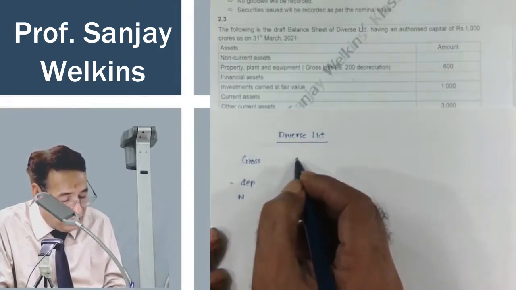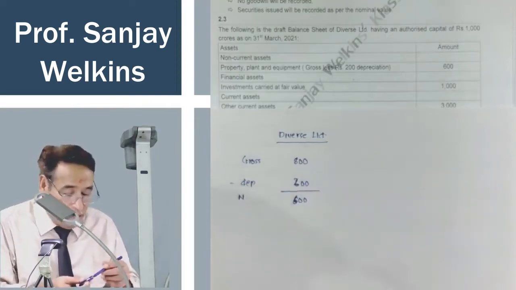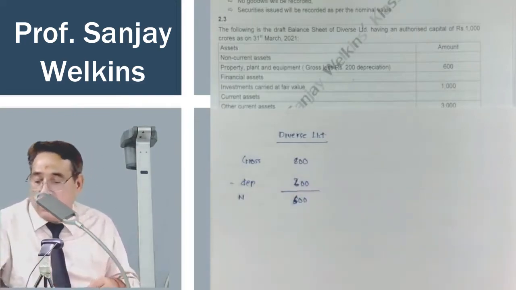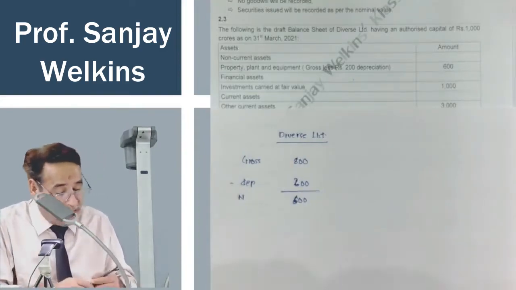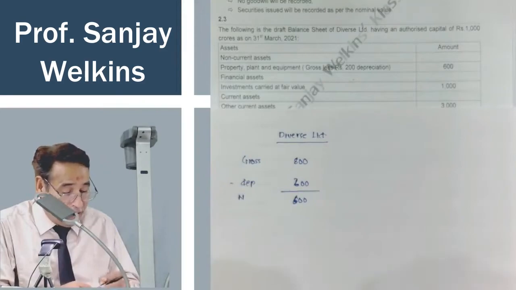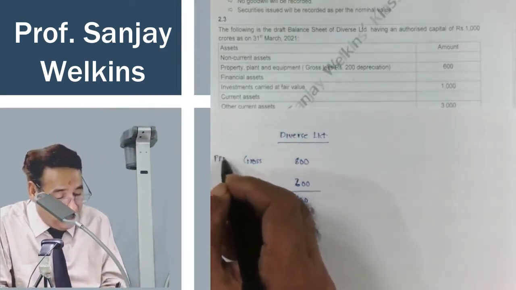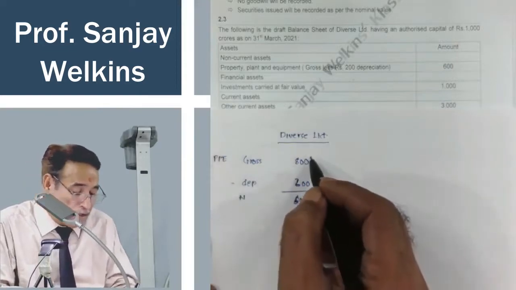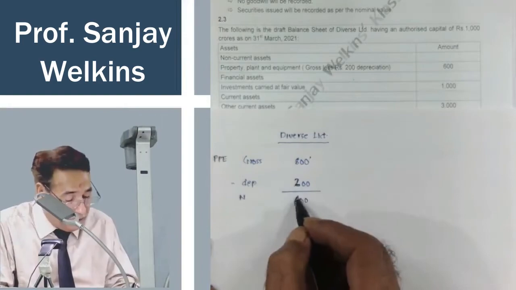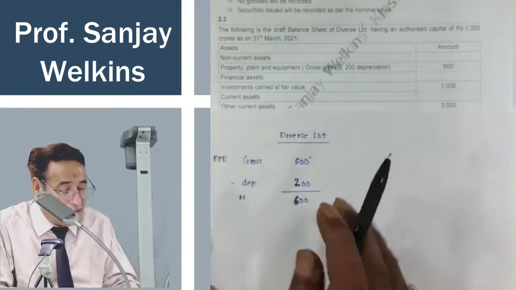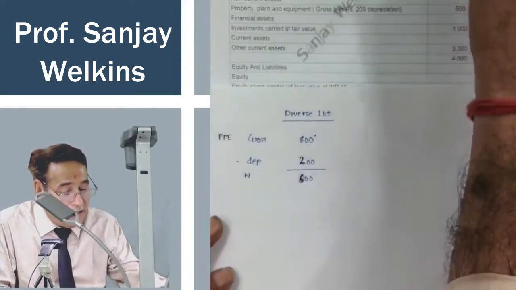Quite obviously it means the gross value must have been 800. So Divers Limited is having property, plant and equipment whose gross value is 800, which is not given straight away, but we found it out because depreciation is 200 and the net value is 600.